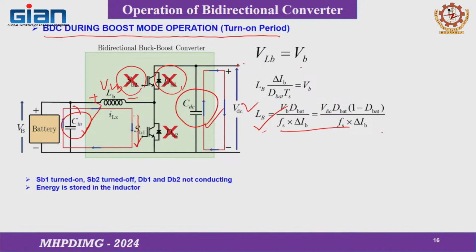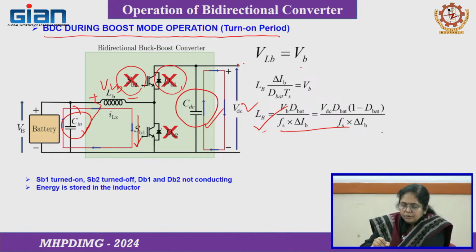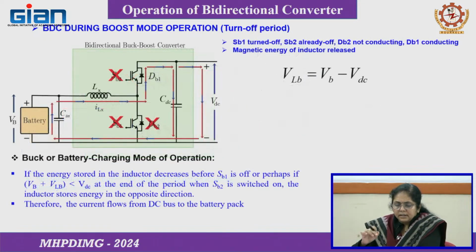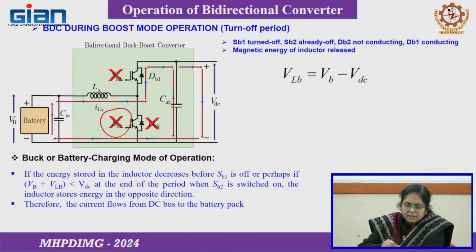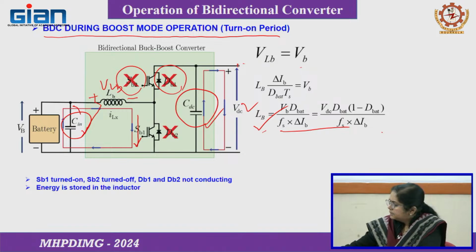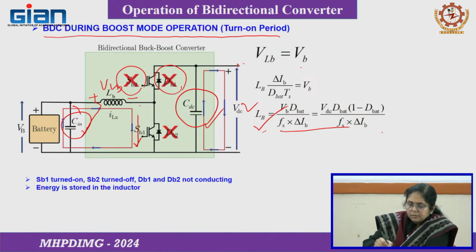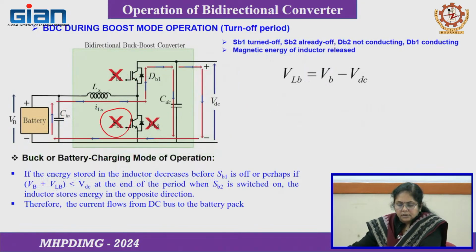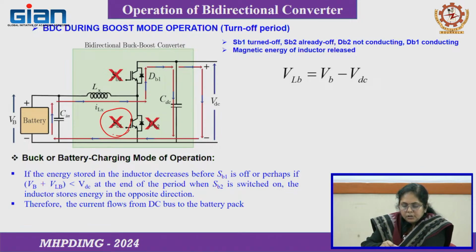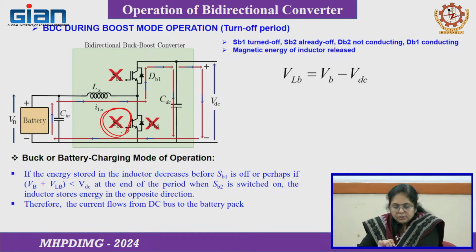So this is about the boost mode when the switch is on. But when the switch is off, in the next slide I have tried to show the boost mode of operation, meaning battery discharging, but with SB1 turned off. Basically, in the previous case the switch is on, and here you are turning off the switch SB1.